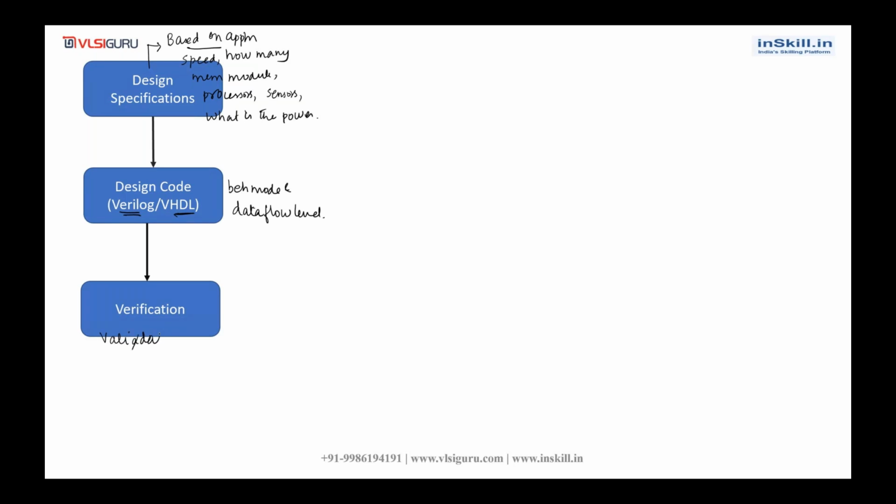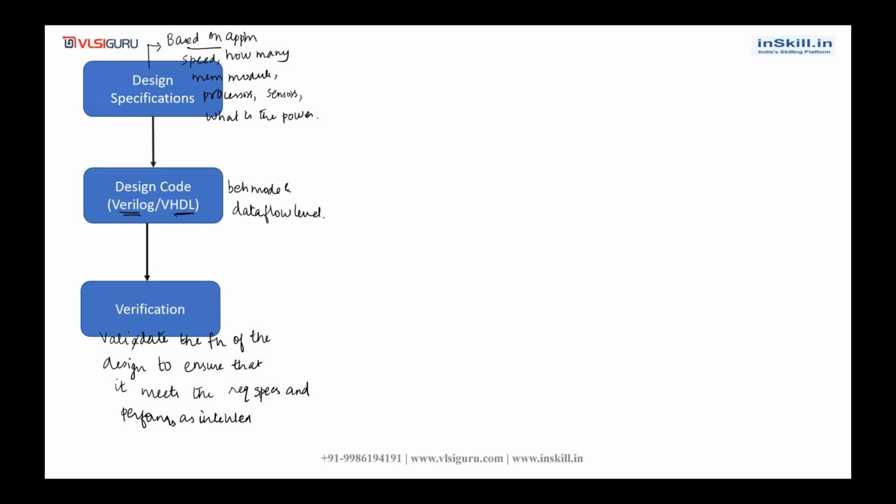It is to validate the functionality of the design, to ensure that it meets the required specification and performs as intended. So the verification team validates the functionality of the design.